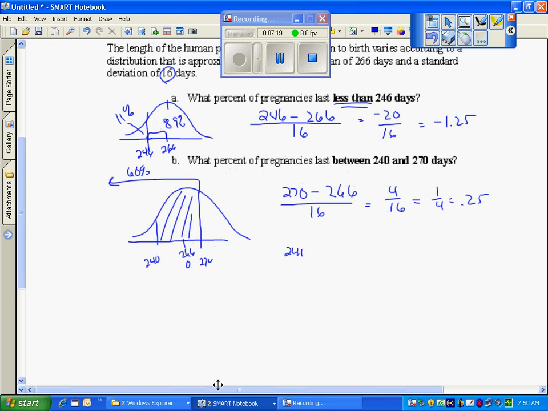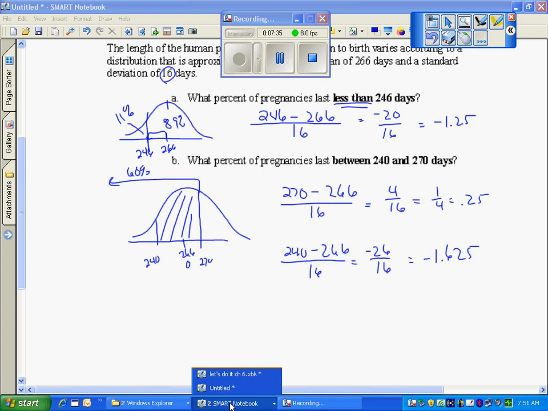Taking 240 minus 266 over 16 would be negative 26 over 16, and notice that 26 is negative. 26 divided by 16, you're down 1.625.